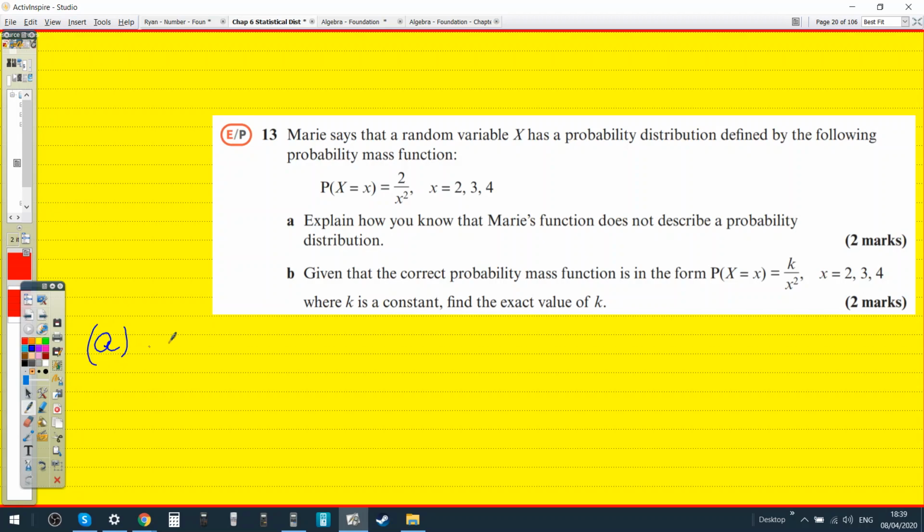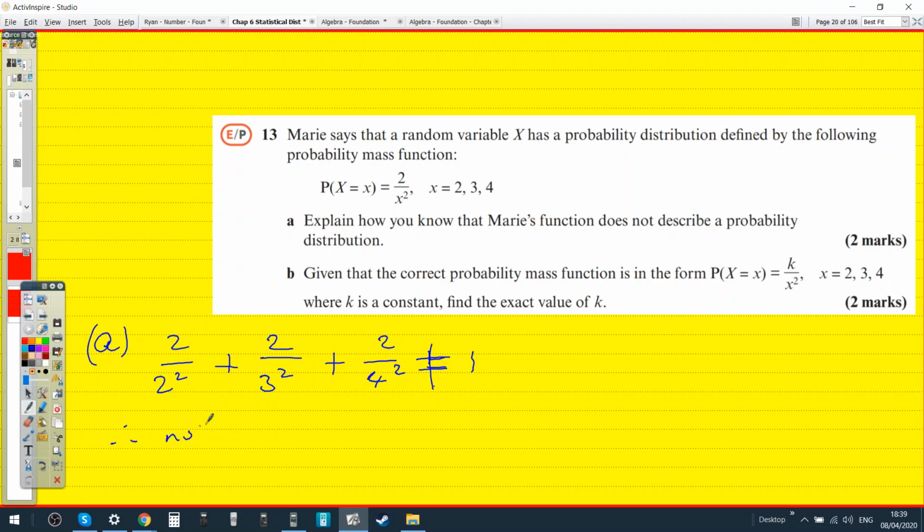So 2 over 2 squared equals a half. 2 over 3 squared. 2 over 4. It doesn't add to 1, so it can't be. Does not add up to 1. Therefore, not a probability distribution.